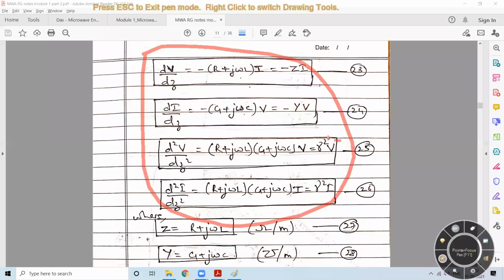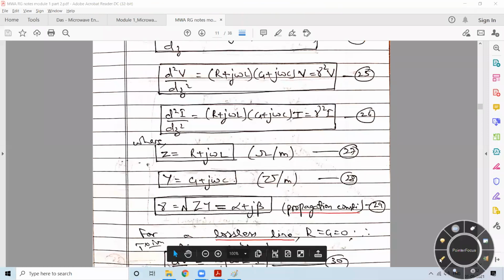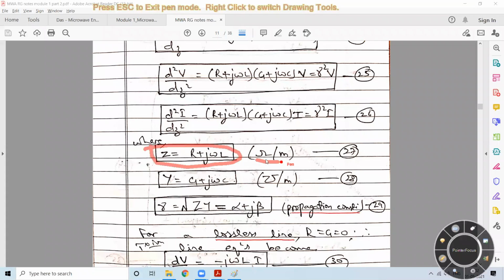Next we have to consider further and try to obtain the solutions for all these equations. Here Z is equal to R + jωL, which is in terms of ohm per meter, and Y is G + jωC, which is mho per meter.